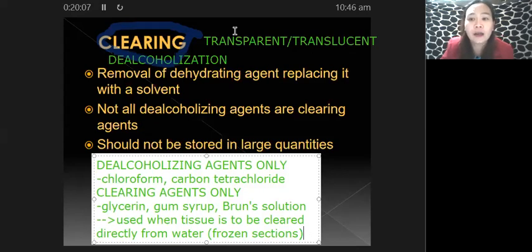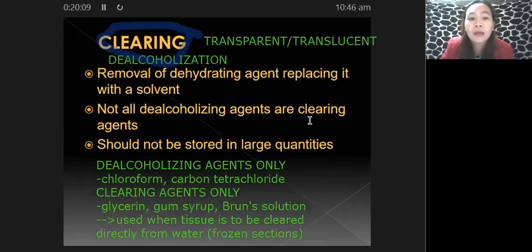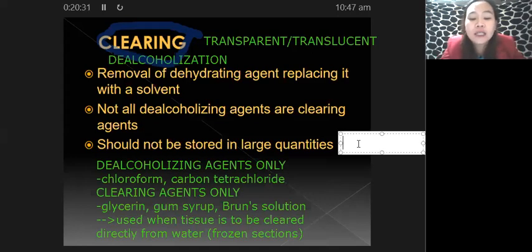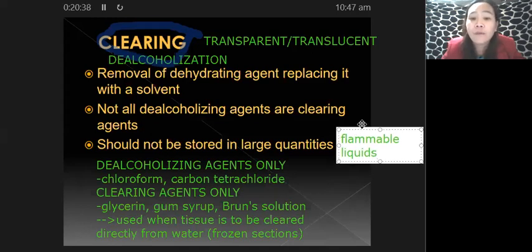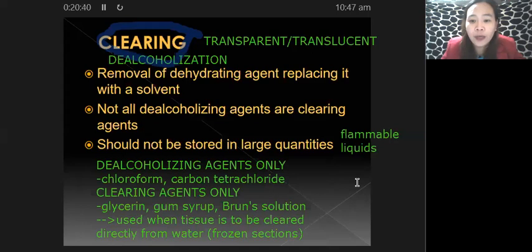A common precautionary measure that we have to take note of when it comes to the storage of the reagents that we use for clearing and or dealcoholization is that they should never be stored in large quantities. Why? Because these reagents are considered to be flammable liquids.